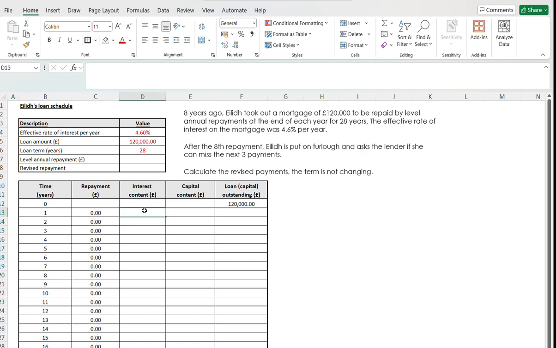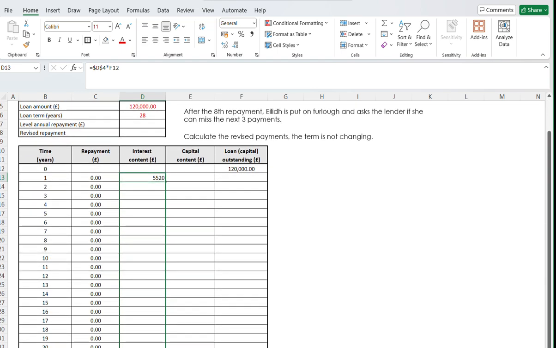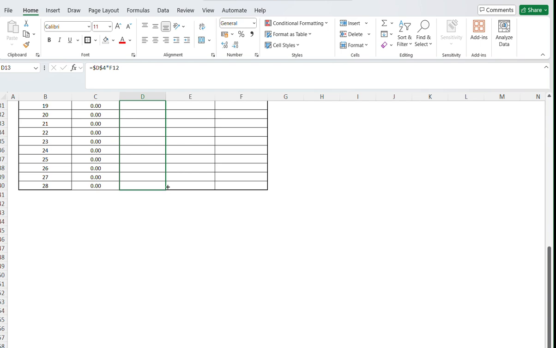Our interest content is going to be our interest rate, which we make absolute because that's not changing, and we multiply that by the capital outstanding from the year before. And that's going to change each year, so we leave that as it is. And that will take us nicely all the way down again, with nothing to change there.